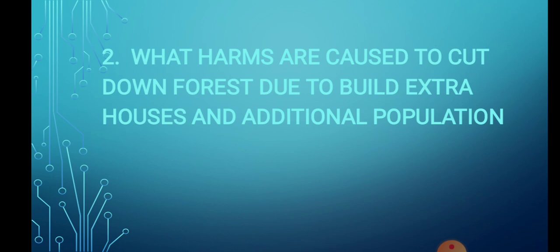There will be soil erosion also. Deforestation causes soil erosion, and it will hamper the environment. Sometimes the temperature will be high. As a result, there is a chance of drought, or there is a chance of flood.